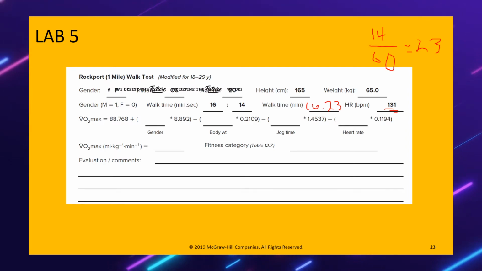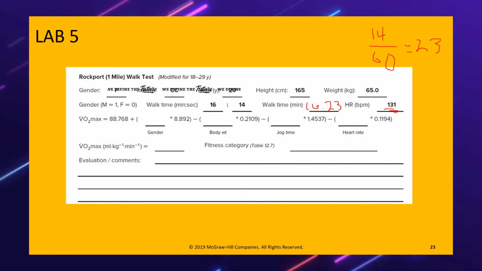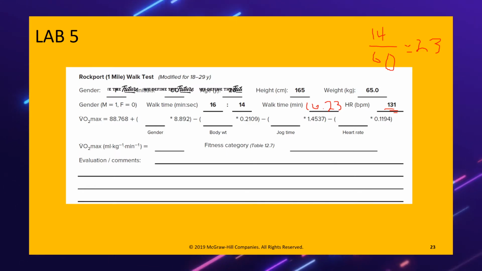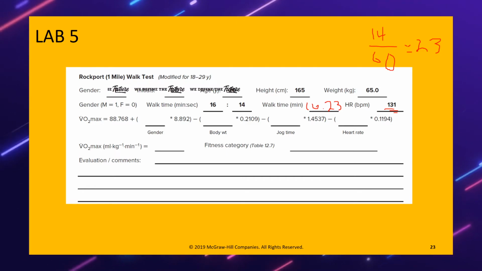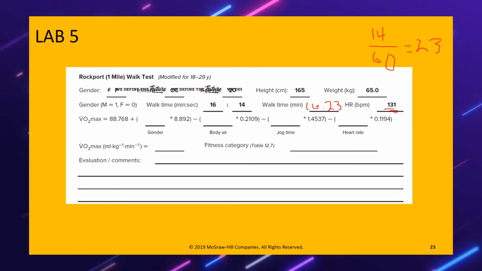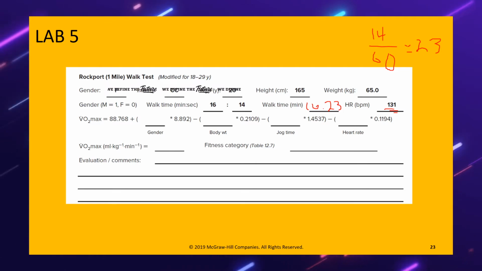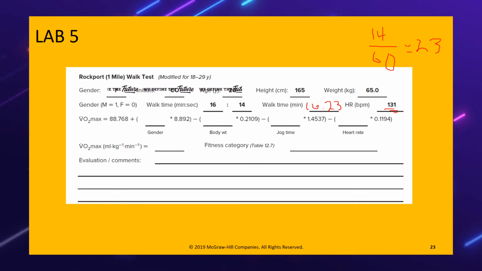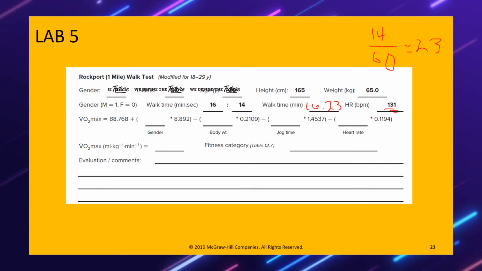If all fails when you're looking at these numbers, logically walk through this and pick out the information you know. And, case in point, if we are dealing with a mile test and we see that they walked 16.14, on average, what would you guys do when you would walk a mile?